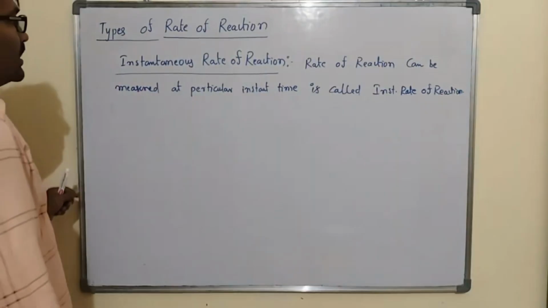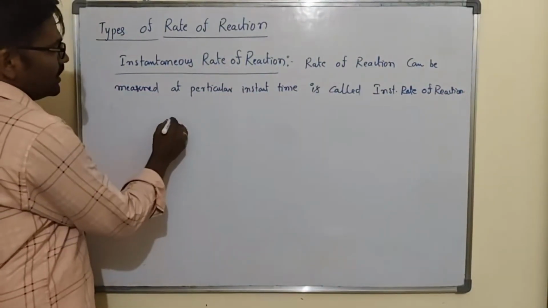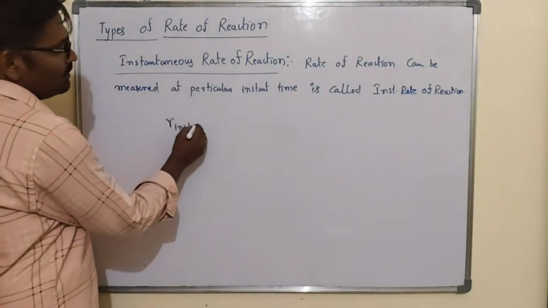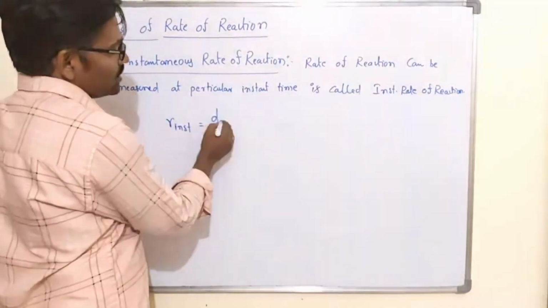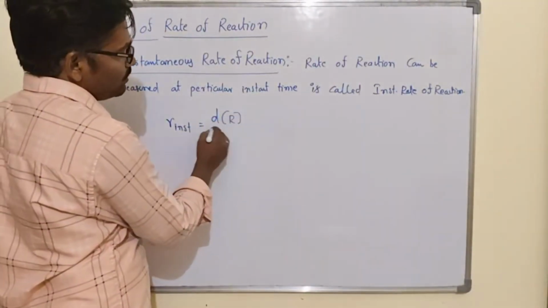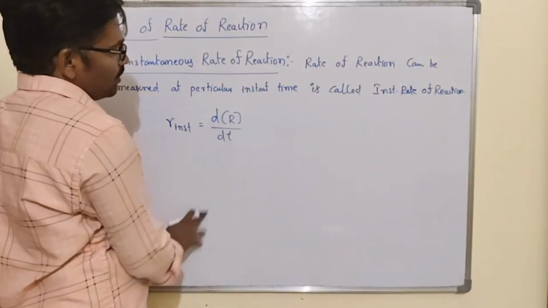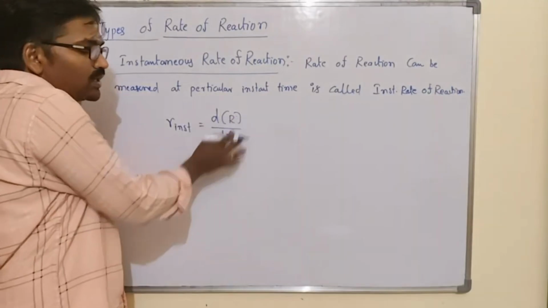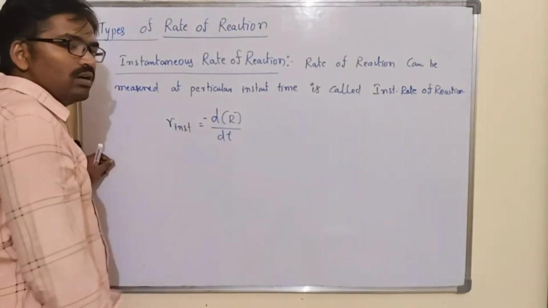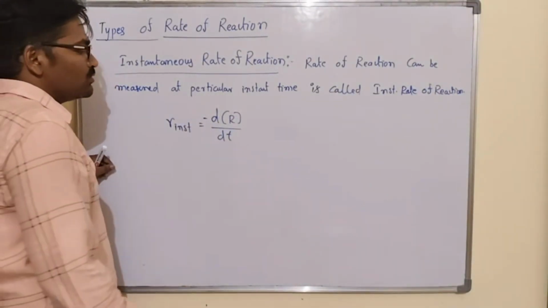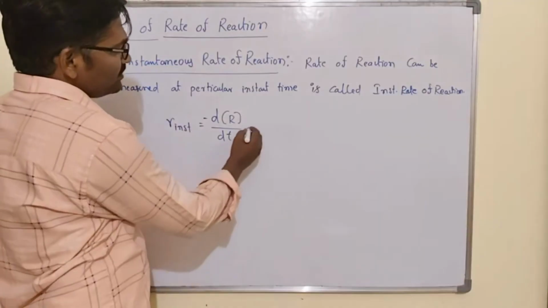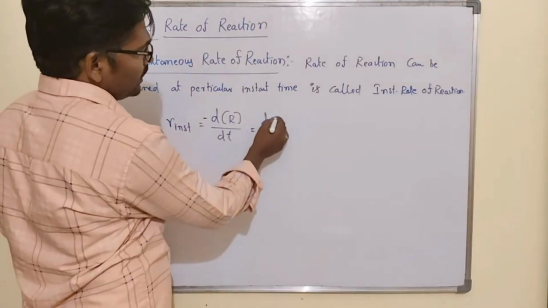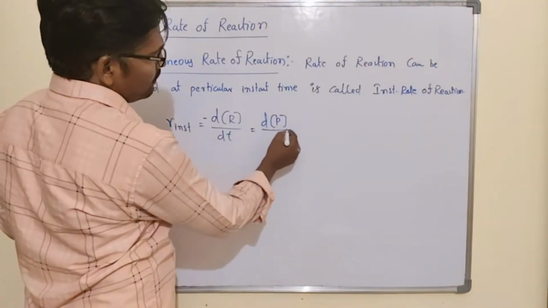So the instantaneous rate of reaction is the change in concentration of reactant divided by the change in time. With respect to reactants you have to take a minus sign, a negative sign. With respect to products, you take the change in product concentration divided by time.